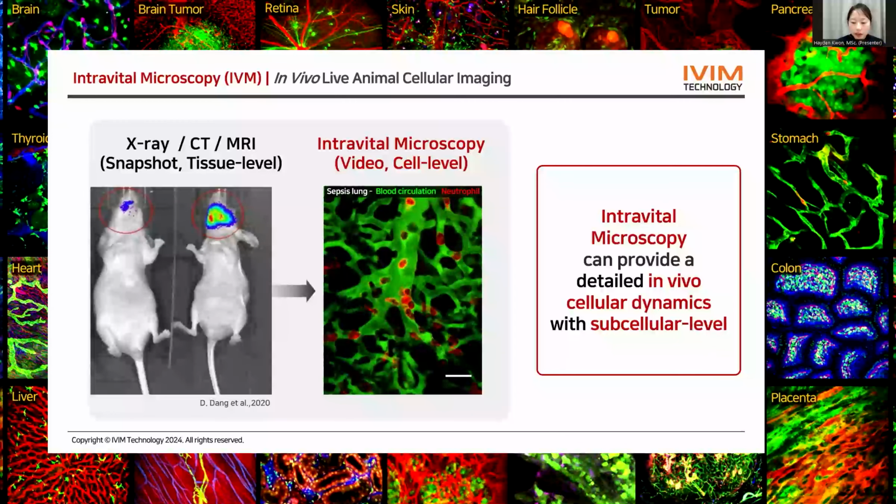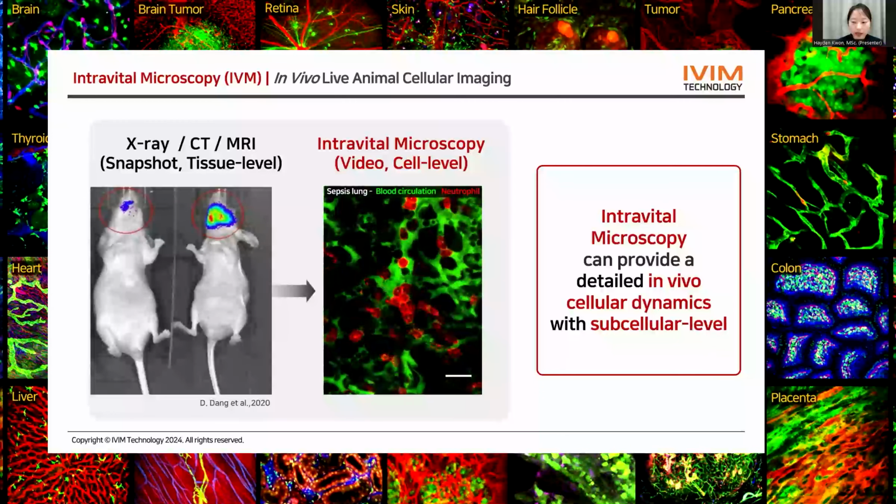To address this limitation, IVIM Technology had been trying to develop the optimal in vivo imaging solution, the IVM imaging system, which is capable of visualizing cellular level details. This advancement now allows us to have deep insight into the cellular dynamics, analysis of delivery, and efficacy of the drug in real time.